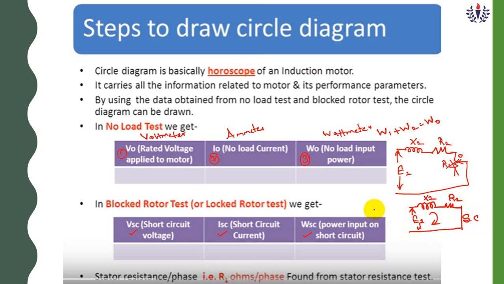This is the difference between the equivalent circuit in the no load test and the blocked rotor test. Here also we measure with the same voltmeter, ammeter and wattmeter, W1 plus W2.